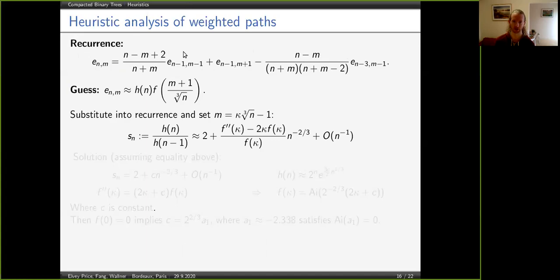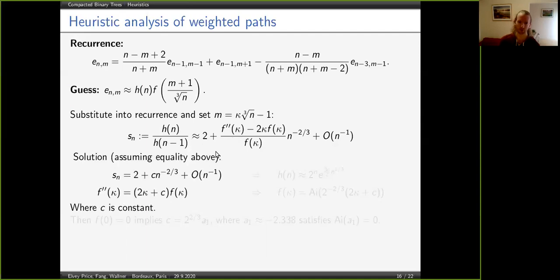So taking the ratio of those and then expanding the rest of the stuff as a series in n. Sorry, so we substitute n equals this first, so that the stuff inside the f becomes just kappa. So then expanding this ratio as a series around n equals infinity, we get this series.